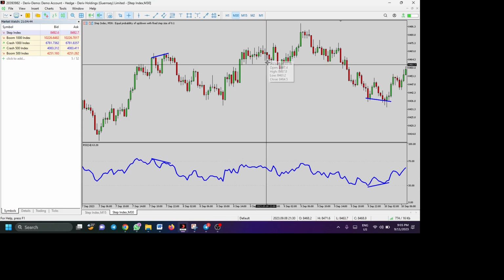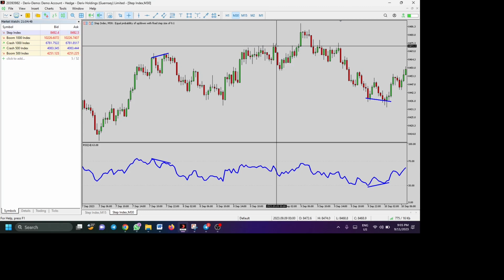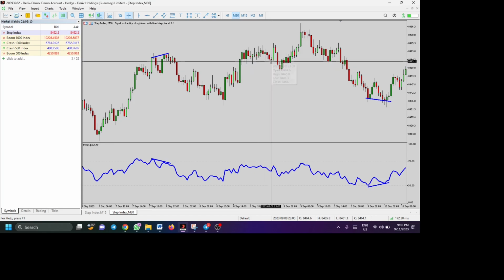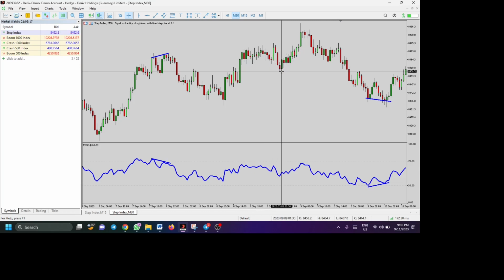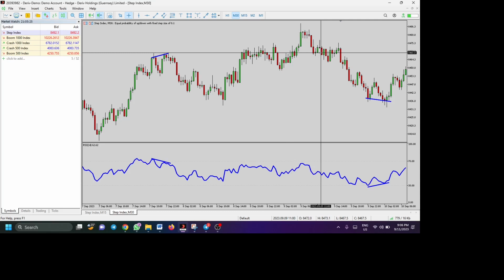It would have come somewhere here for me to consider this as a higher high. From here to here, I would have considered this as a higher low and a double top and a lower low. So I would have considered this as a break of structure, and the market broke structure upwards.